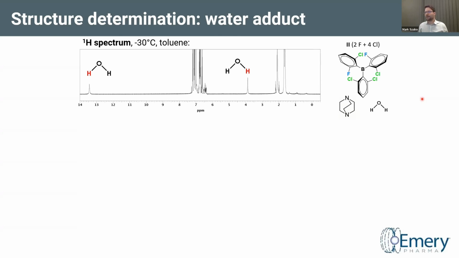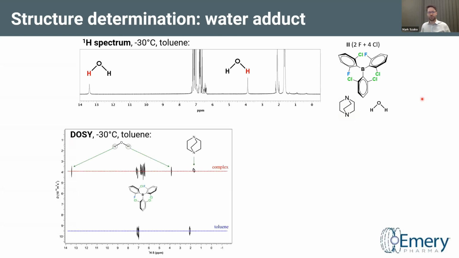And then I thought that I should measure a DOSY spectrum. The result of the DOSY spectrum, which you can see on the y-axis here, is the diffusion coefficient of every species present in the sample, which is related to the size of the given species.